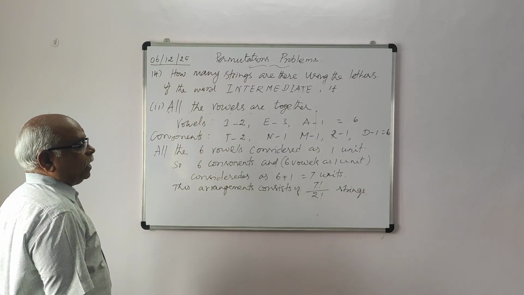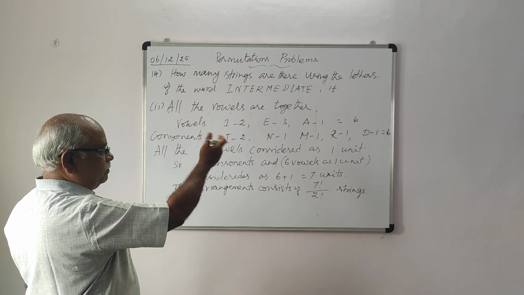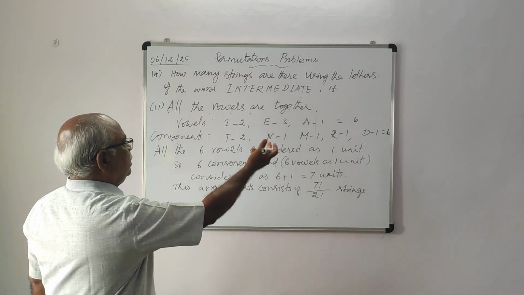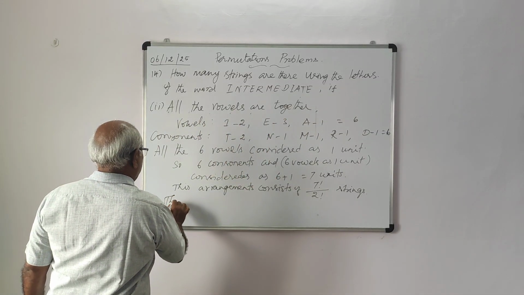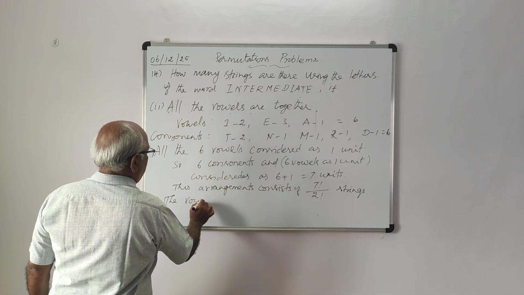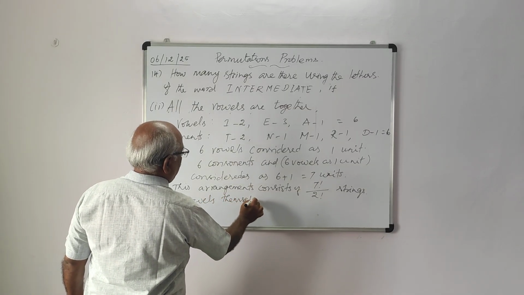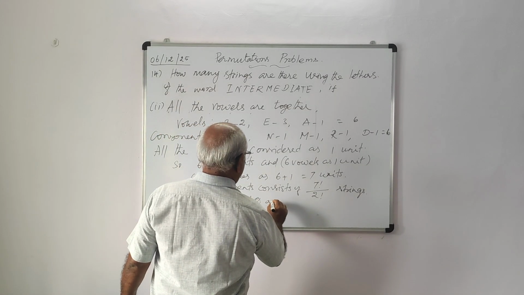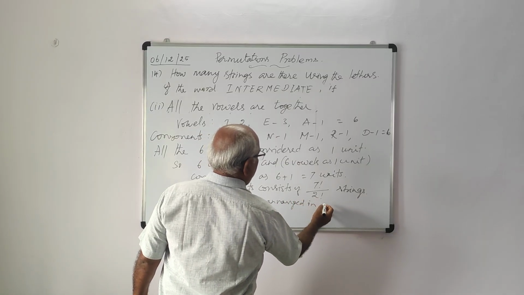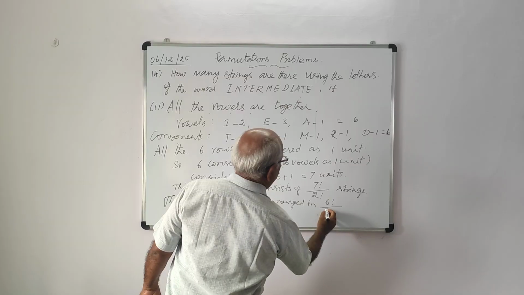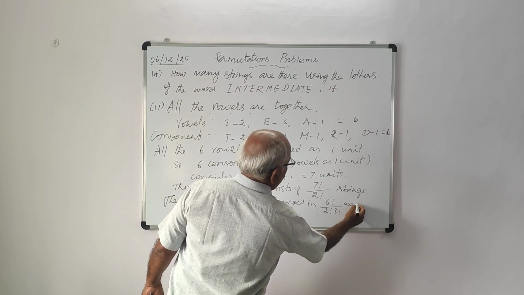Next, the 6 vowels can themselves be arranged in 6 factorial by 2 factorial into 3 factorial ways.